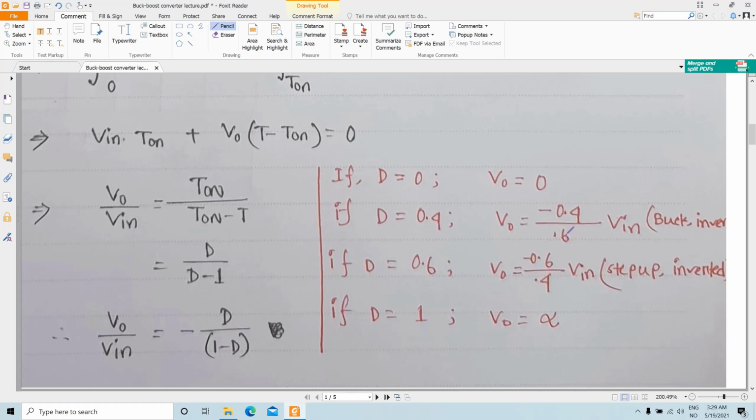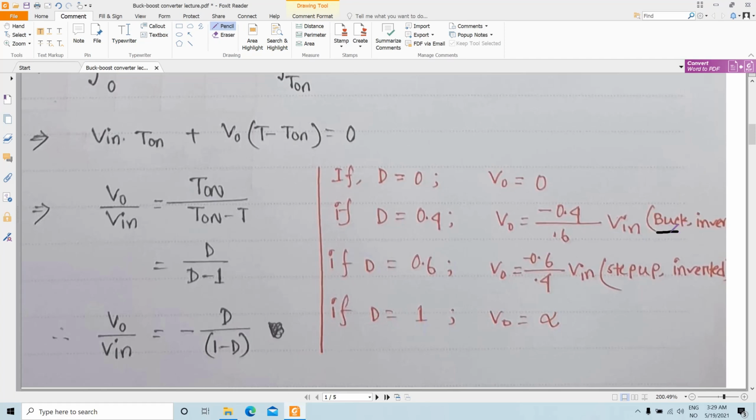As you can see, V out is then less than V in, and this means that when your duty cycle is less than 0.5, the buck boost converter is operating in the buck operation mode.